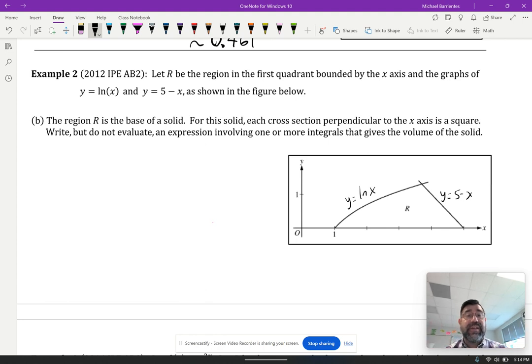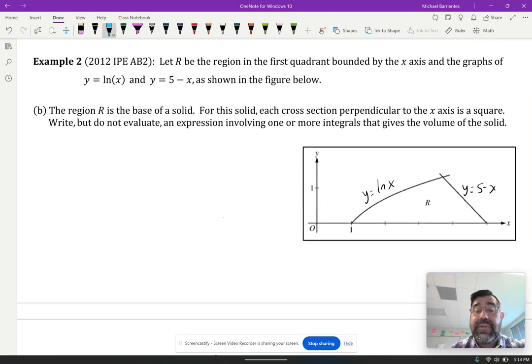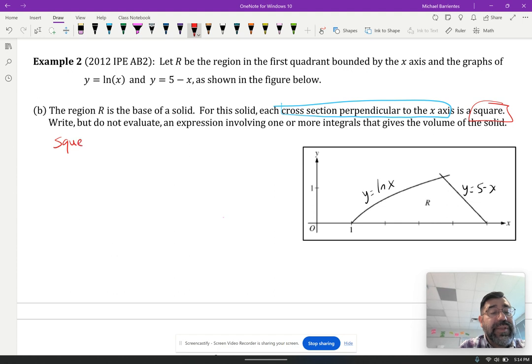Okay, so here's a very popular phrase. Write, but do not evaluate, an expression involving one or more integrals that gives the volume of the solid. Well, we're going to start where we started before, which is notice that the cross sections are perpendicular to the x-axis, so everything's going to be in terms of x. We know that our shape is a square, so once again, I'm starting with a square.